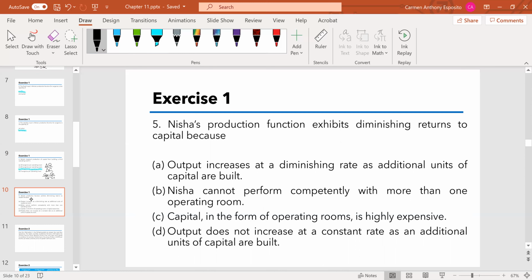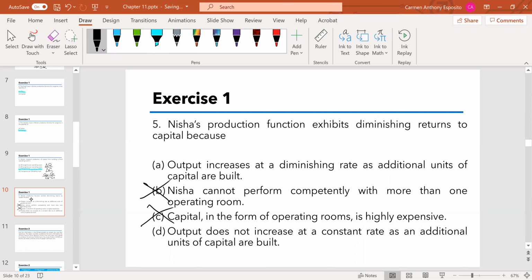So let's think about it. Well, we don't know anything about competency. And really, if you have more operating rooms, you should be able to produce more surgeries. So B doesn't seem like a great answer. Probably building operating rooms is expensive, but that's not even mentioned in the problem. So C shouldn't be an answer either.